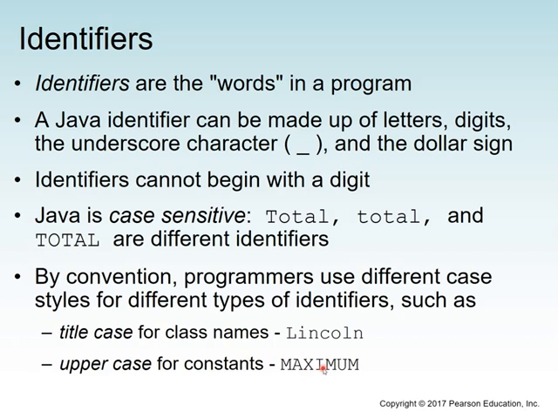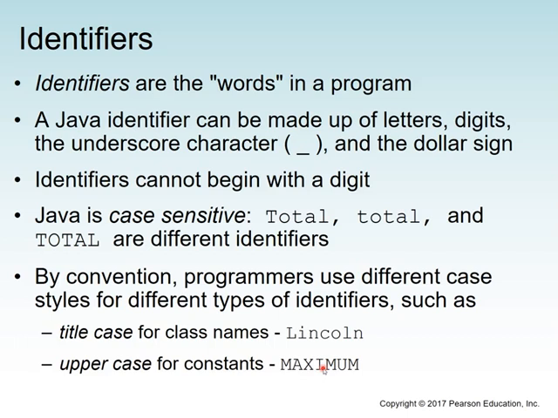So class names always start with a capital letter or title case. Anything that we're going to use as a constant in our programs, and we'll be talking about those a little bit later, they are always in all uppercase. Method names are usually all in lowercase.